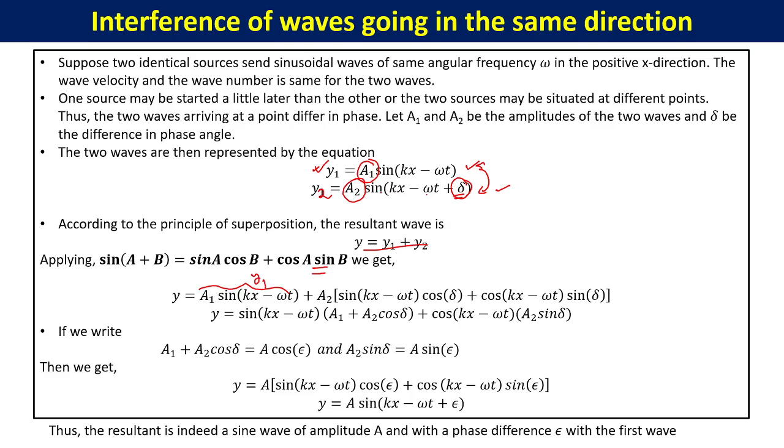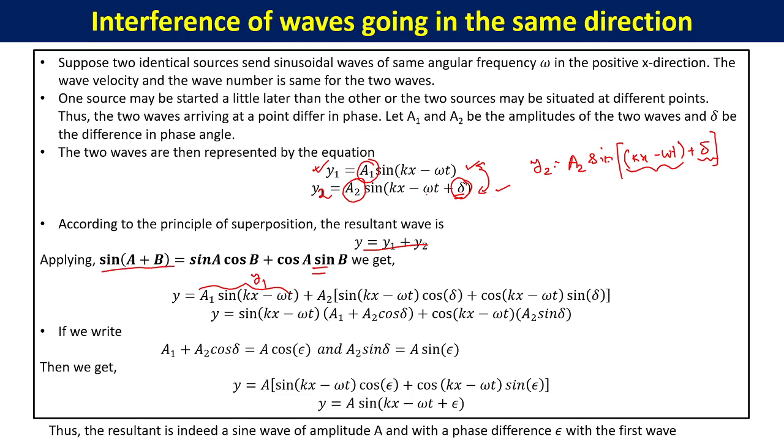y2, and in case of y2, y2 is equal to a2 sine of kx minus omega t plus delta. So I have separated these things into two terms, one term and the other term. In that case I have a formula similar to the sine of a plus b formula.